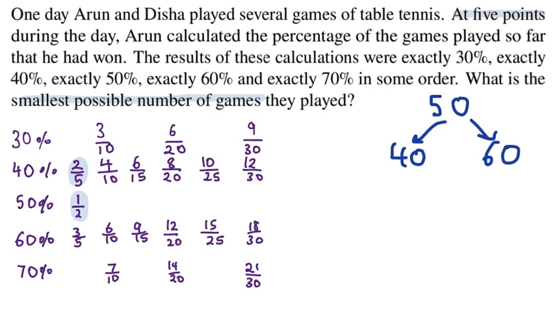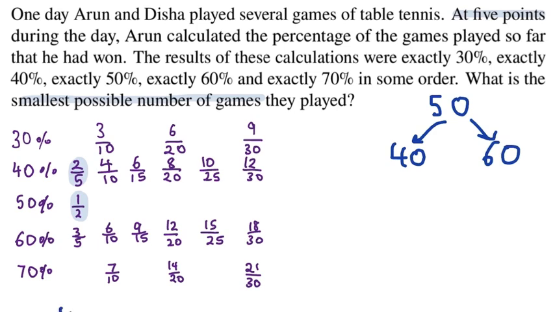But are all of these possible? Well, there's a way to check this out. Remember how we represented the fractions as the total number of wins over the total number of games?